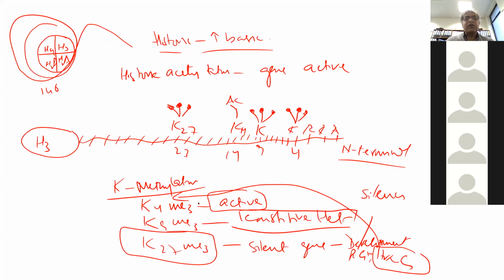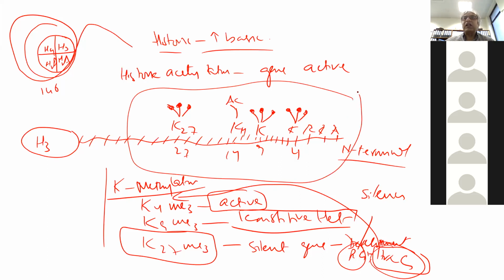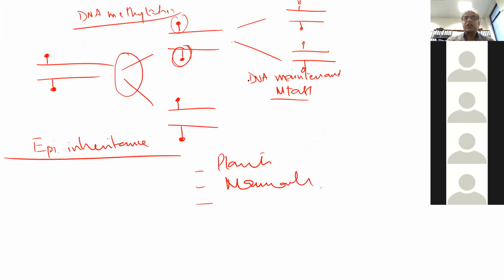Let's come back to our early developmental stage. We have learned some of the mechanisms, let's say polycomb silencers, trithorax activators, these different histone modifications or DNA methylation we talked about.